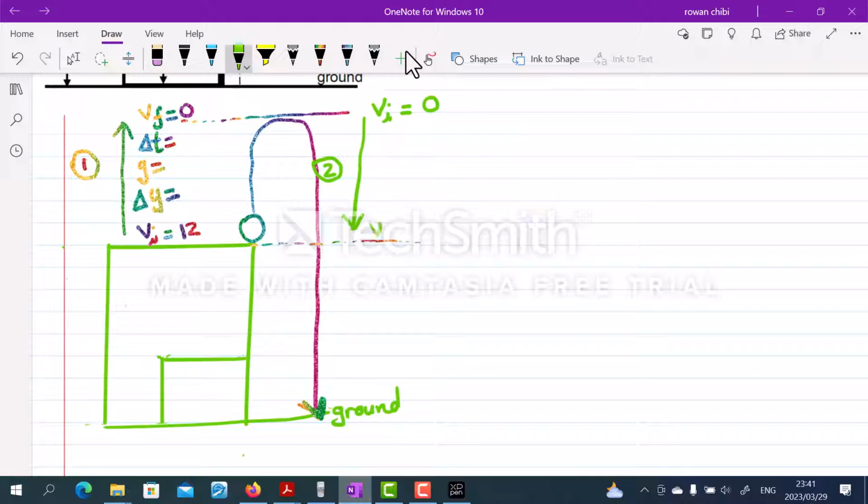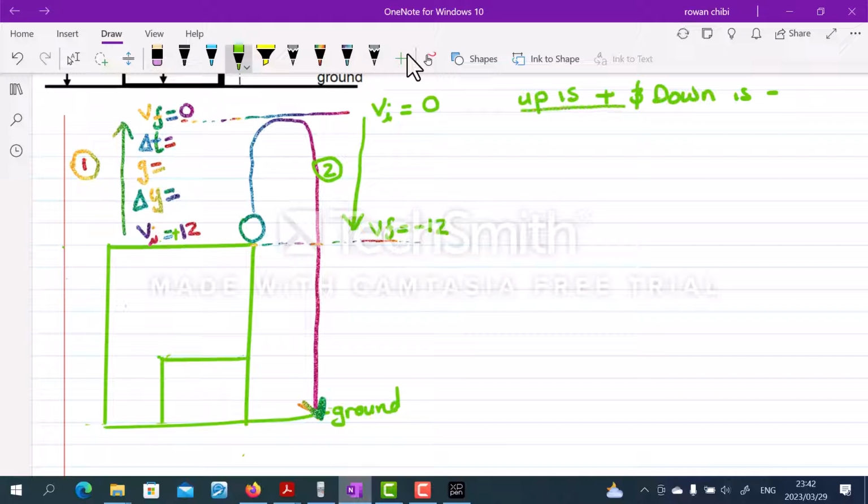But when the ball reaches this point, which is equal to this point, when it was going up, this point was positive. Now when the ball is going down, this point is going to be the same value but in the opposite direction. In my case, let's take the direction up as positive. If up is positive, that means down is negative.